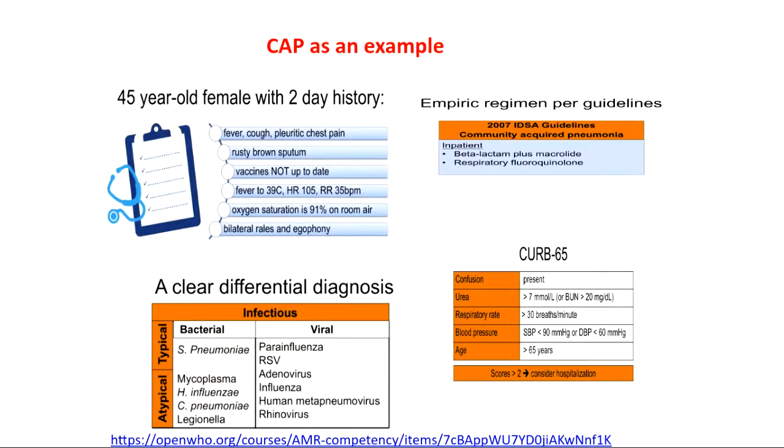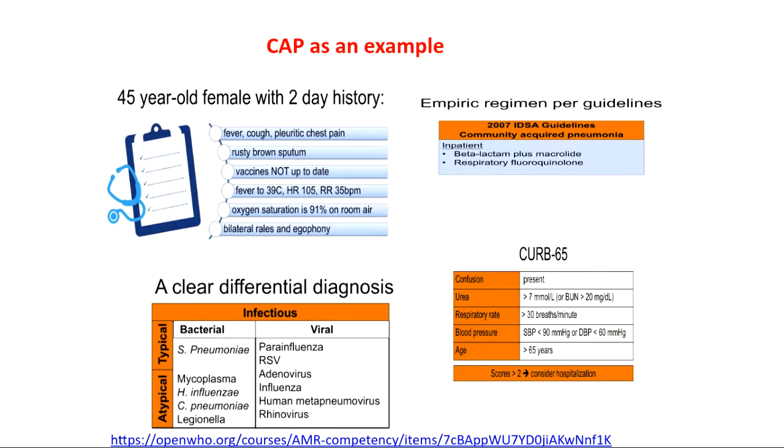That's why atypical coverage is needed for CAP. And here the guideline says either beta-lactam plus macrolide. Now we know why we are adding macrolide: macrolide is added to cover atypical organisms. Atypical organisms are organisms without a cell wall. So if you give ceftriaxone, it will not work because there is no cell wall, simply. Fluoroquinolone also will cover atypical and other organisms.